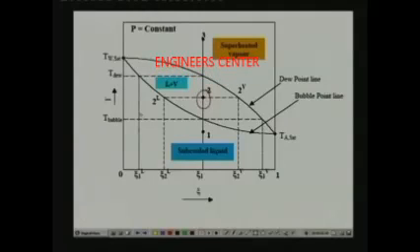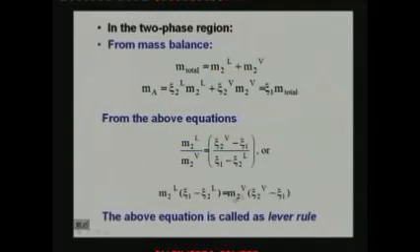For example, if we want to find the mass, the total mass into this distance will always be equal to the mass of vapor into this distance. As this distance increases, this point moves closer to the dew point line, which means vapor concentration increases. Similarly, when this point moves this side, liquid concentration increases. That is what is shown in this equation.